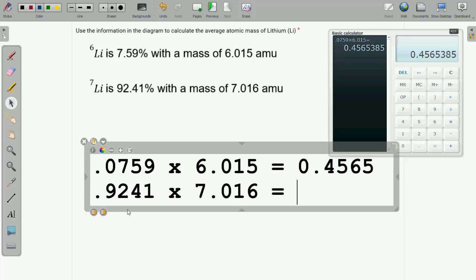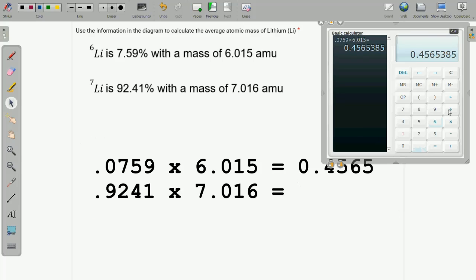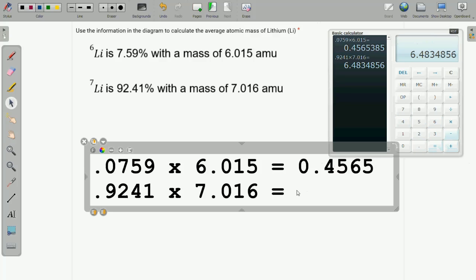All right, now if 92% of it has a mass of 7, then I would expect the final answer to be closer to 7 than 6. But let's keep working it out here. So first of all, I'm going to clear everything. 0.9241 times 7.016 and equals, and that gives me 6.4835.